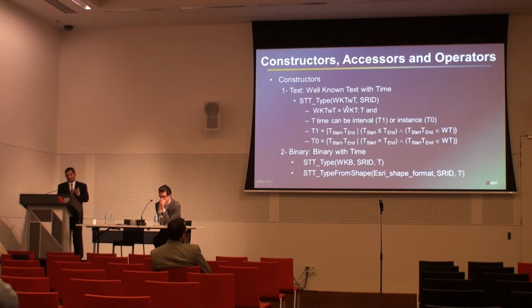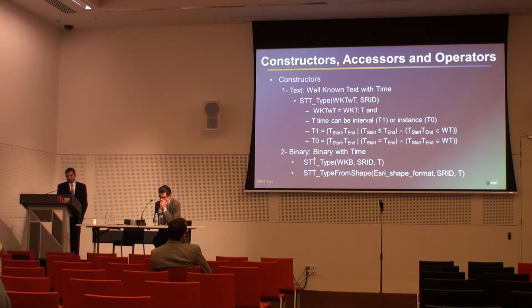WKT is well-known text, a very known standard text for representing geometry, documented in the ISO and SQL specification. WKT with time is just an extension of WKT with time information, where time can be an interval or a point time.